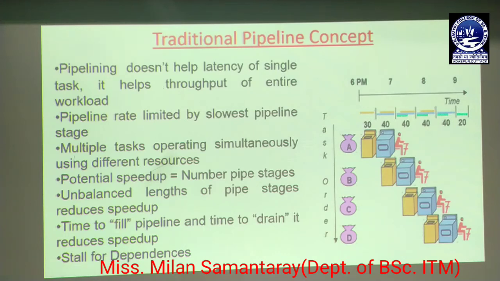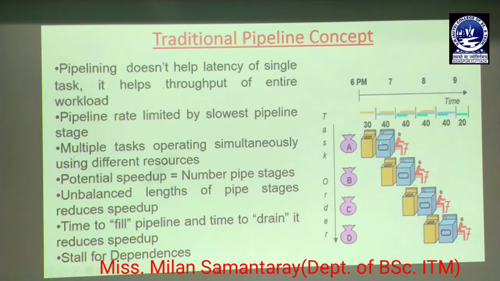That means when we use pipelining, it does not decrease the execution time of the job itself, but it decreases the entire workload's execution time. Washing, drying and folding take 1.5 hours for every load, and that time is not different when using the pipelining concept.